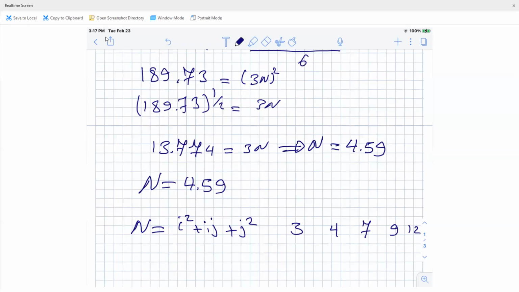These are some of the cluster sizes, of course, according to the equation of I squared plus I times j plus j squared. Now you have the following cluster sizes. Now, are you going to approximate n capital to 4 or to 7? You know, we don't have fractions.